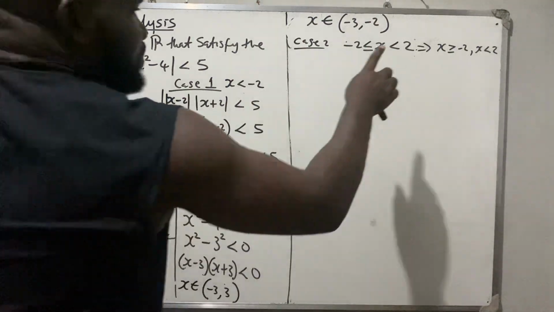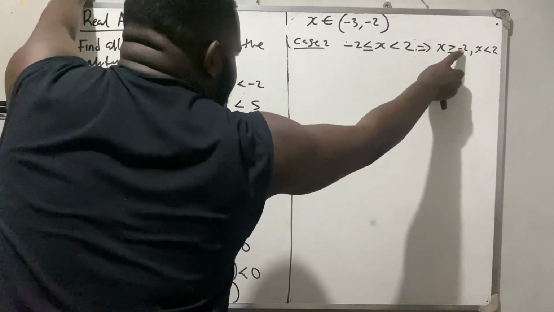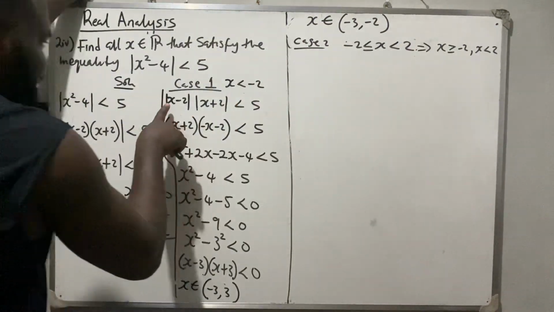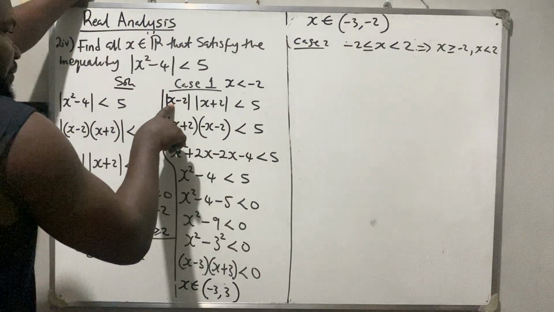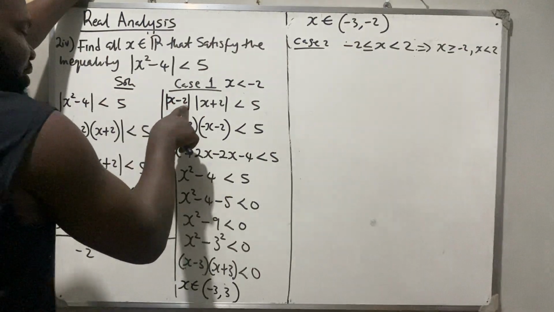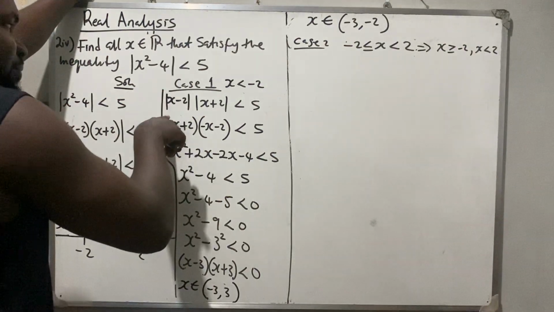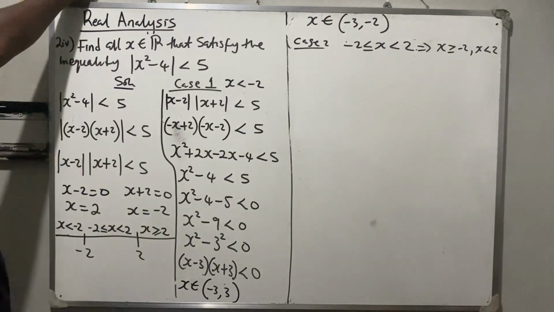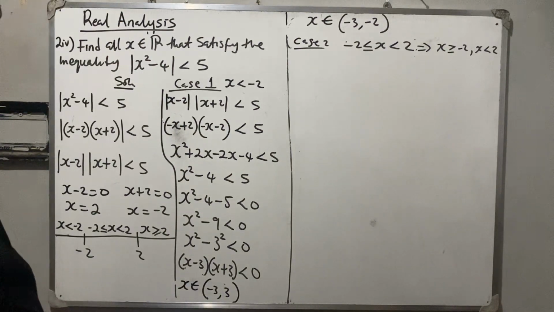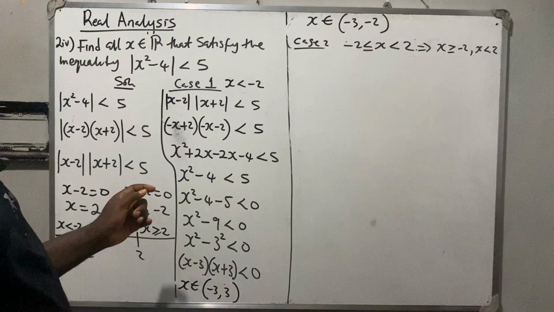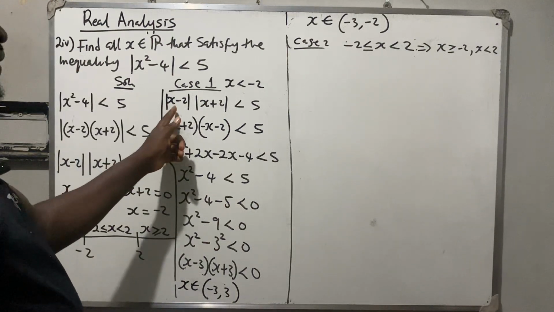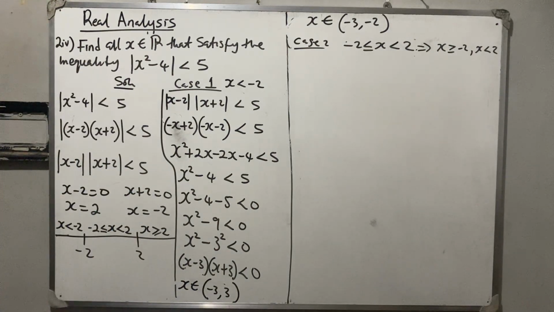Now, if I pick -3, you see that -2 is giving me negative. You understand? And if I pick, for example, 5, it is giving me positive. So that is the problem I'm having in that case. So what do we do there?